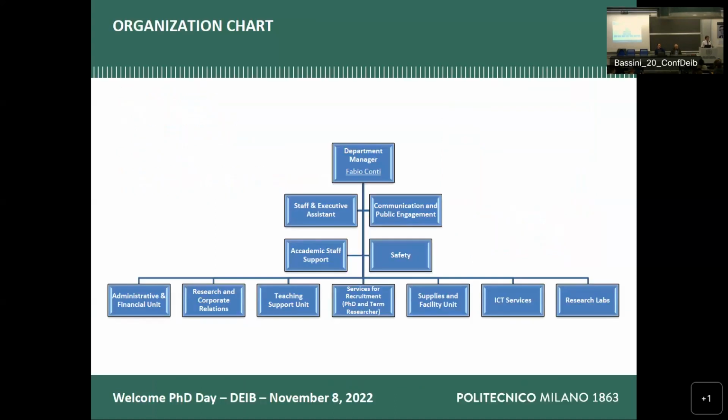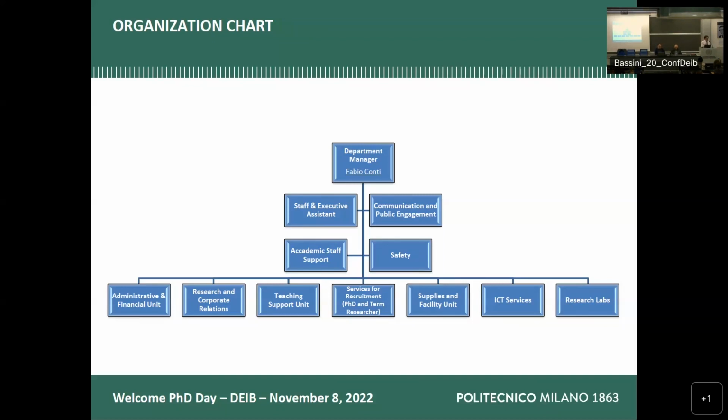This is the organization chart of the department. We can say that we have an organization like a company, even if we are not a company, we are a public institution. As you can see from this slide, we have the department manager, and then we have some services in staff to the manager of the department and also to the chair of the department.